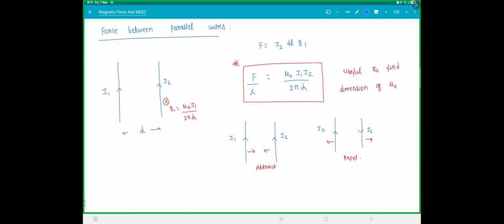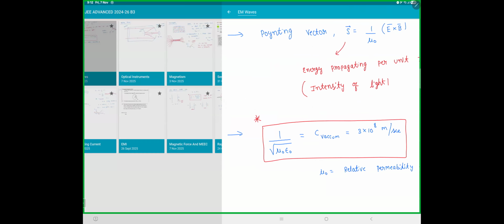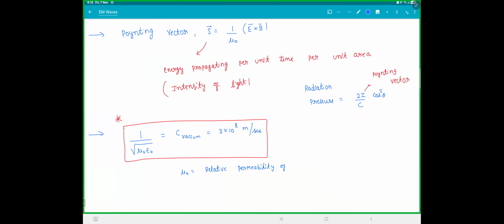Force per unit length is equal to mu naught I1 I2 by 2 pi d. That is one formula where you get everything in terms of mechanical terms, I1 I2, and it's easy to solve. You can find out from other things also, like the magnetic field of a solenoid is mu naught Ni, but then you should know the dimensions of B. You can play around, you can figure it out.